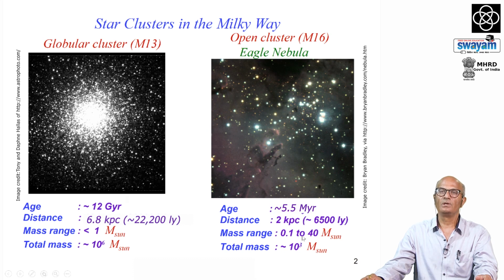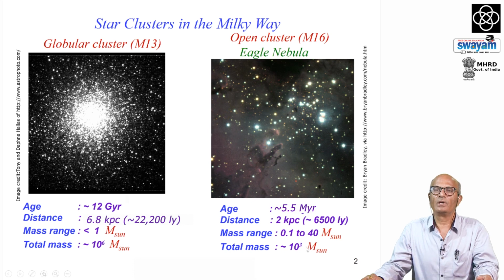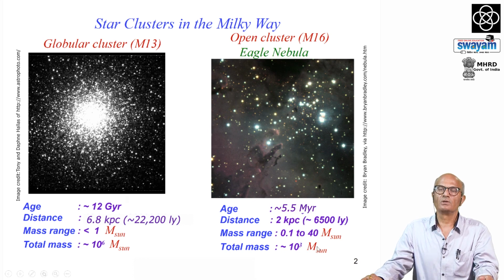But the total mass of this system is much smaller than the globular cluster mass. It is of the order of 10 to the power 3 solar mass, and all the stars are well resolved in this picture.